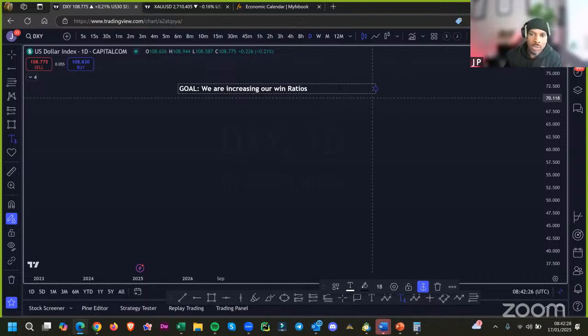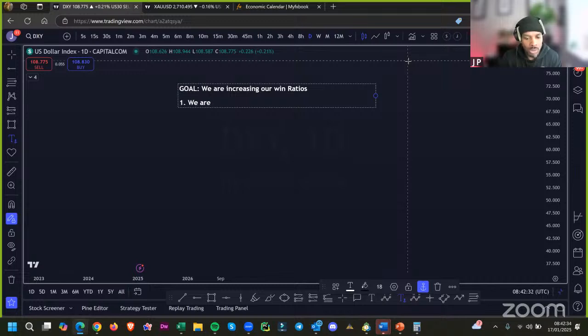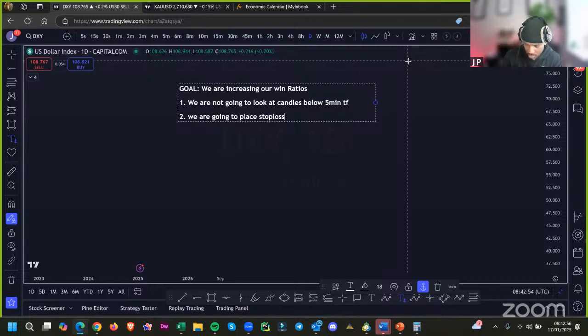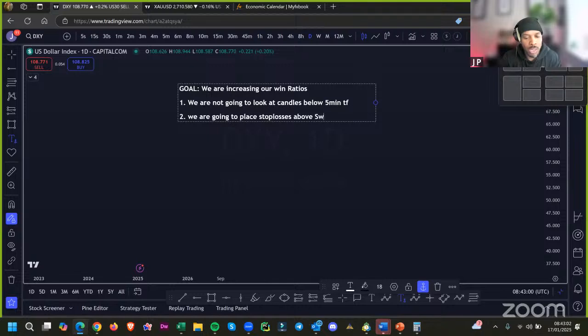And how we're going to do that is by making sure we are not going to look at candles below 5-minute time frame. We are going to place stop losses above swing highs only. Yeah, above swing highs only.